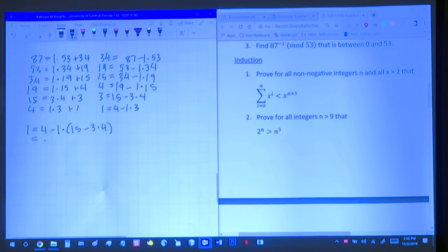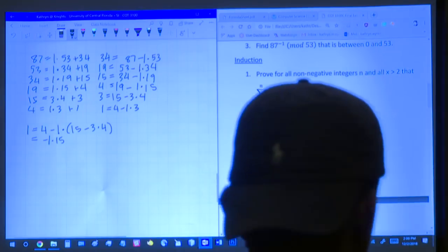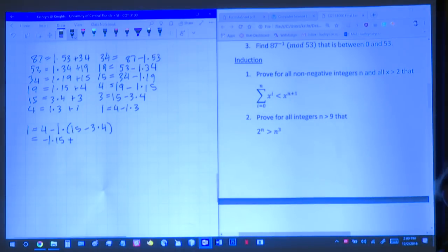So we'll get -1 times 15 plus 7 times 4. Wait, no, sorry. Times 4, sorry. Then that's equal to -1 times 15 plus 4 times 19 times 15.